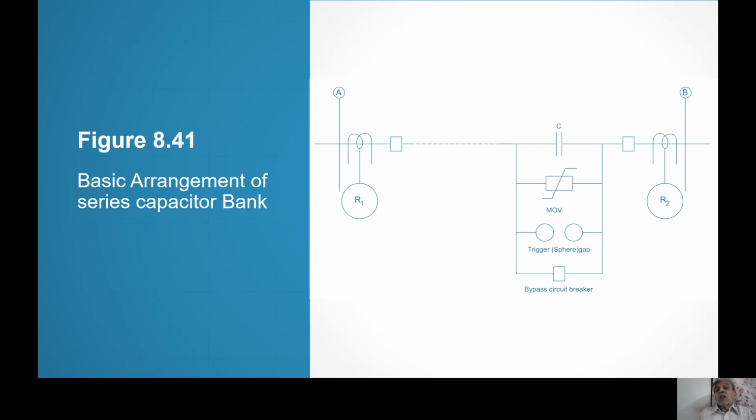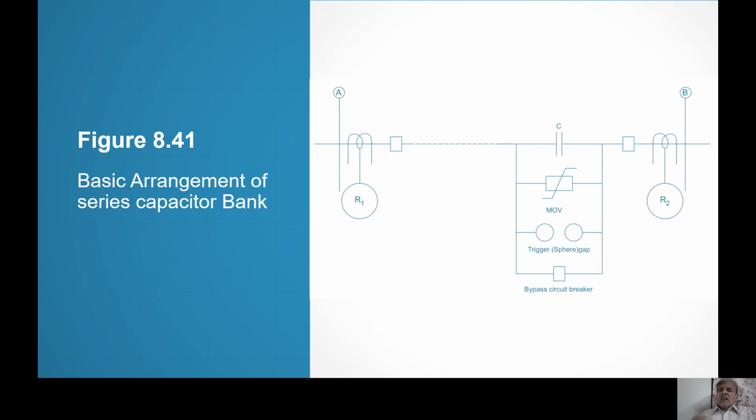If voltage is small, impedance is large, practically open circuit. And if voltage is very large, then impedance is negligible, practically short circuit. That is the characteristic of the MOV. Varistor is a metal oxide varistor. MOV means metal oxide varistor. Usually ZnO, zinc oxide, is used.